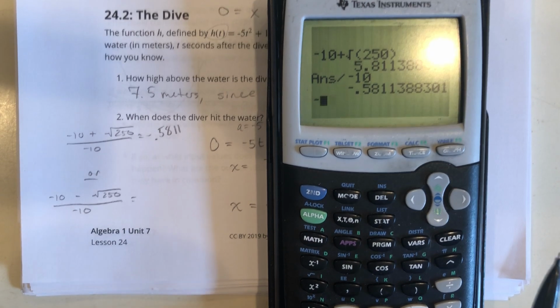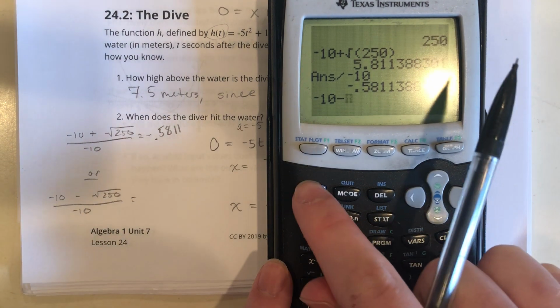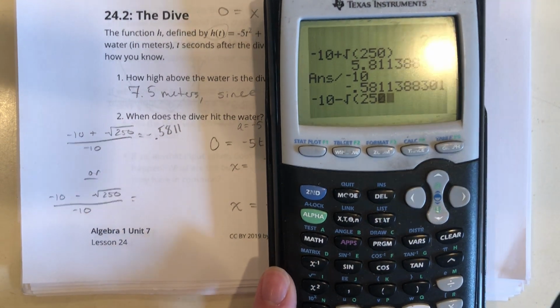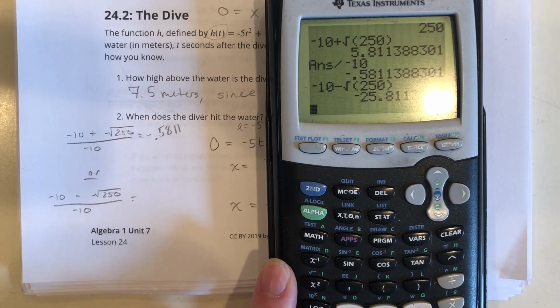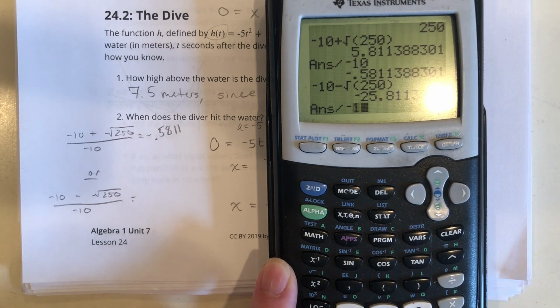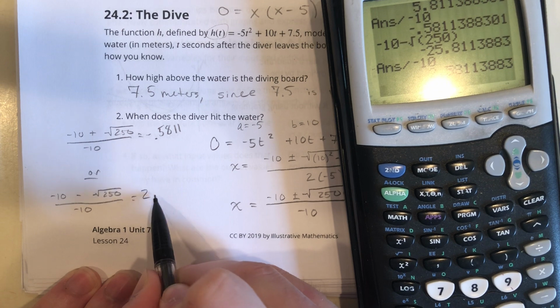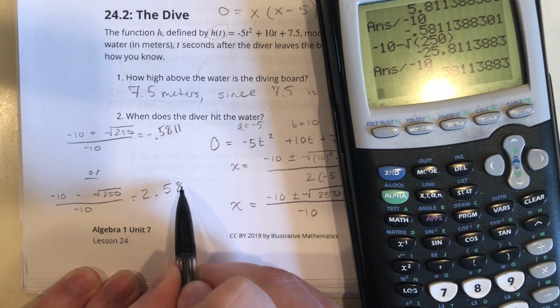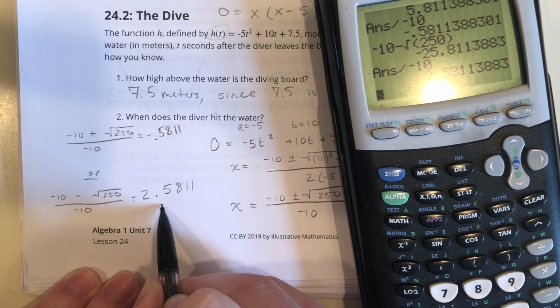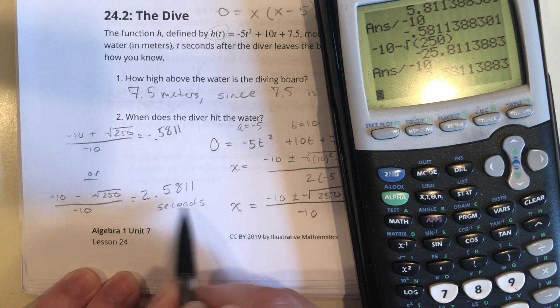All right, so negative 10 minus radical 250. Great, and then I'm going to divide that by negative 10. And now I get a number that makes more sense: 2.5811 seconds.